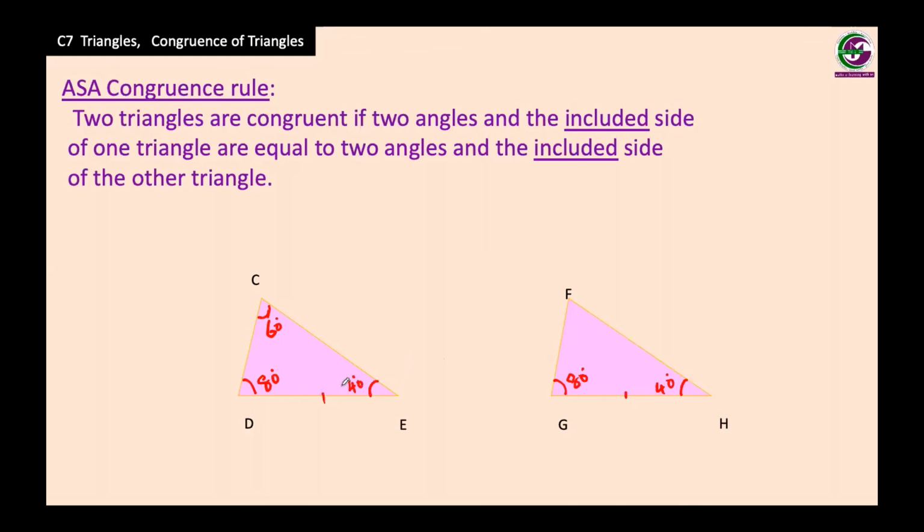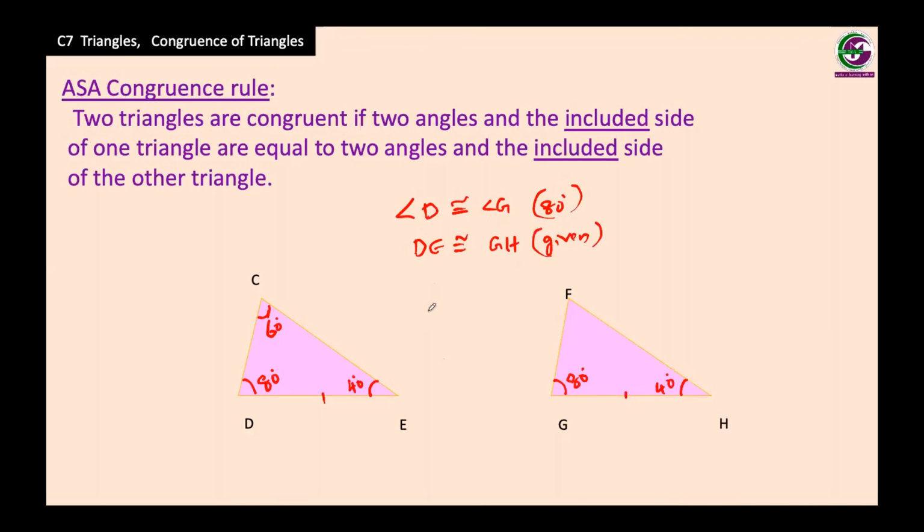Now this is the same as the example that we did just before. So angle D is the same as angle G. Both of them are 80. Again, we have side DE is congruent to side GH. Given they are equal.